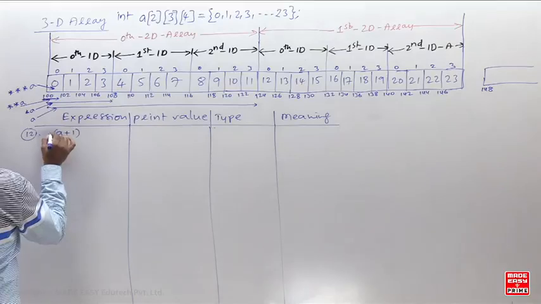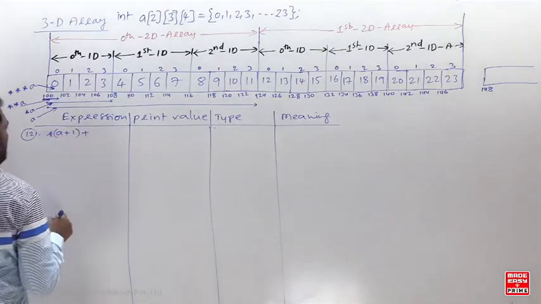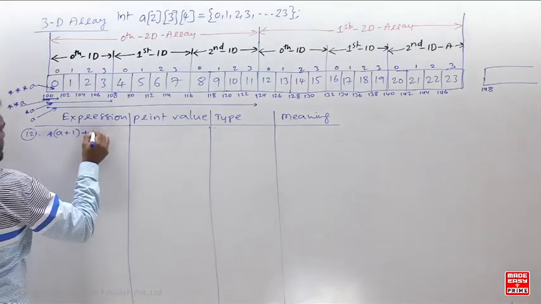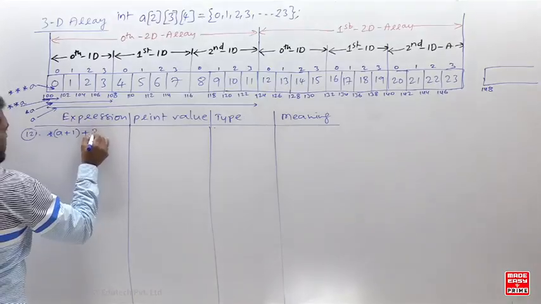Now tell me, A plus 1 whole star, A plus 1 whole star plus 2.